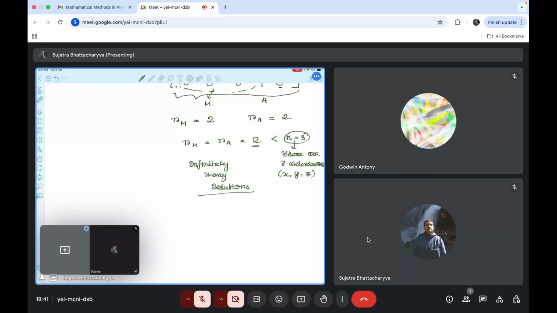Based on that, you can comment about the solution of the set of equations. So this is how it has to be done. We have seen two examples of this set of equations and how the solutions will be based on the rank of the augmented matrix and the actual matrix.